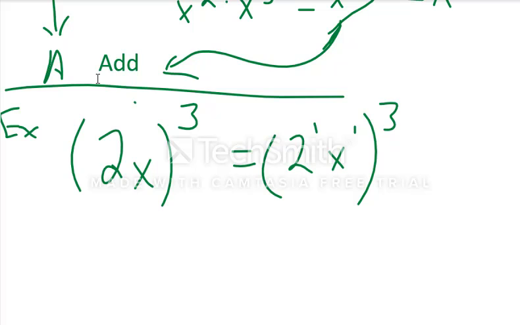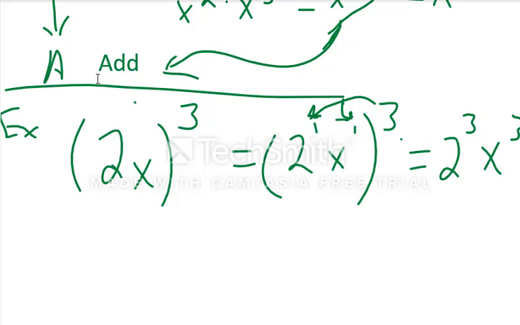Now we have something to a power to another power. What we do with that, we multiply that through to both exponents. Same as distribution, you have to multiply it to everything. That third power applies to both the 2 and the x. So this is the same as 2 to the third power, x to the 3 times 1, which is the third power. Make sure that applies to both.